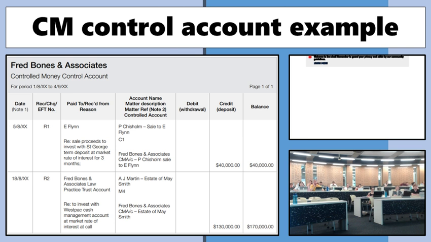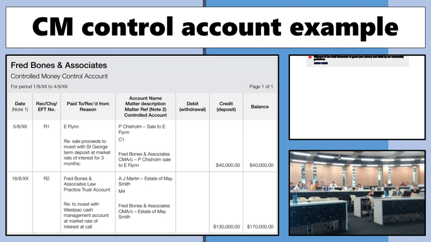And again, slightly different words. The controlled money control account example. So this is basically a combination of your cash payments and your cash receipts, just thrown in together. There you go. What have we got? This one here. Credits, deposits, withdrawals, and paid to or from, and reason.